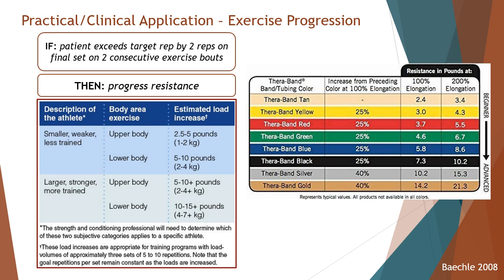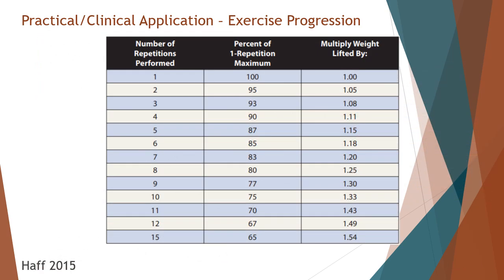And I see this obviously quite commonly in shoulder applications and upper extremities. And this is another chart that helps to cross-reference the number of repetitions performed, their percent of 1RM, and then multiplying the weight lifted by X amount in order to determine their 1 rep max.